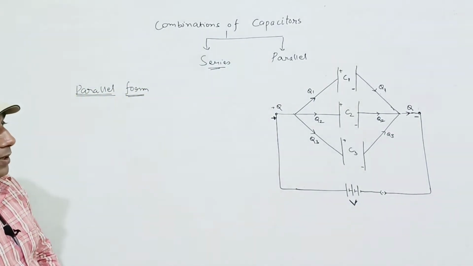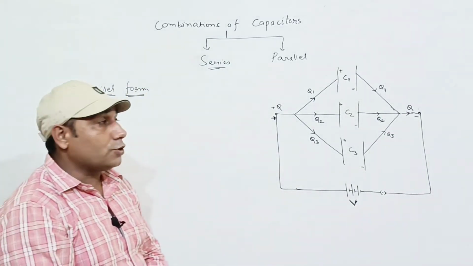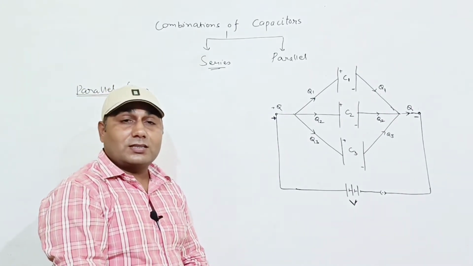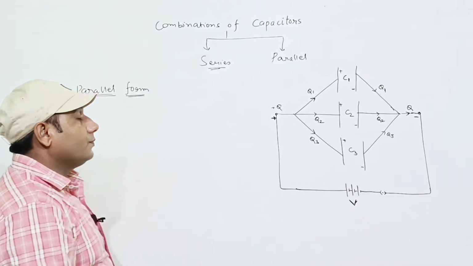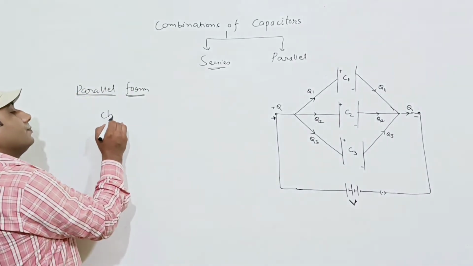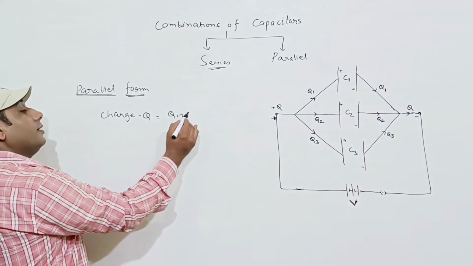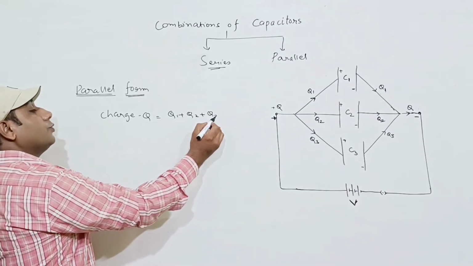In parallel combination, charge divides in accordance with the capacitance of each capacitor, but potential remains constant. Then charge Q is equal to Q1 plus Q2 plus Q3.